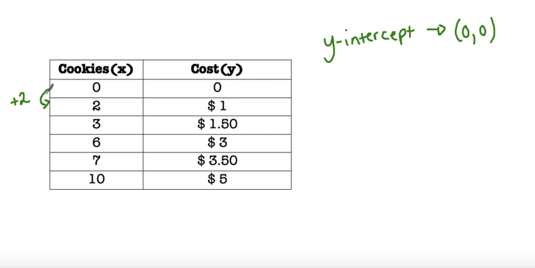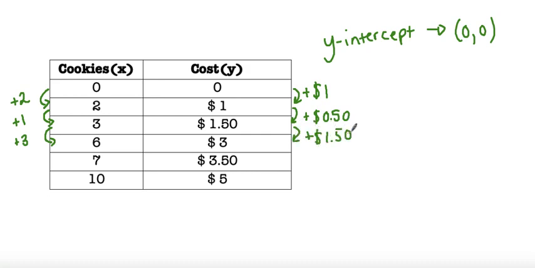from 0 to 2, that's an additional 2 cookies, and that costs $1. And from 2 to 3, that's an additional cookie, and the increase here in cost is 50 cents. And then from 3 to 6, the increase is 3 cookies, and the increase in cost is $1.50.